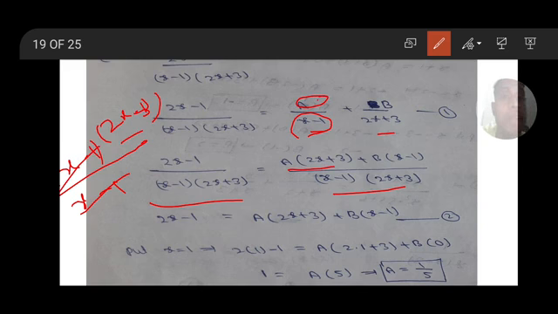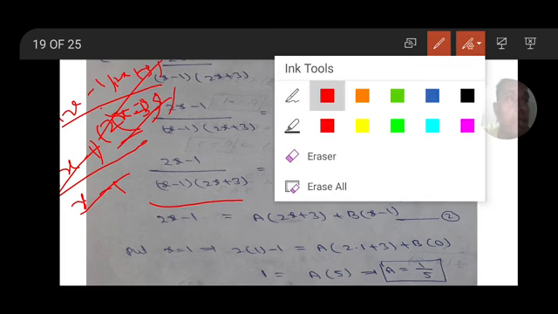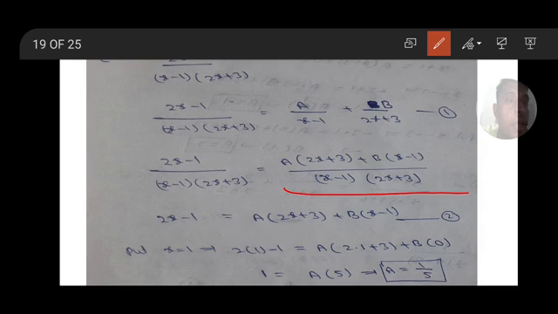Next, if we divide x minus 1 into 2x plus 3 by 2x plus 3, the 2x plus 3 cancels, leaving x minus 1 into its numerator b, that is b into x minus 1. That is a into 2x plus 3 plus b into x minus 1 by x minus 1 into 2x plus 3. Then the denominators on both sides cancel. 2x minus 1 equals a into 2x plus 3 plus b into x minus 1.